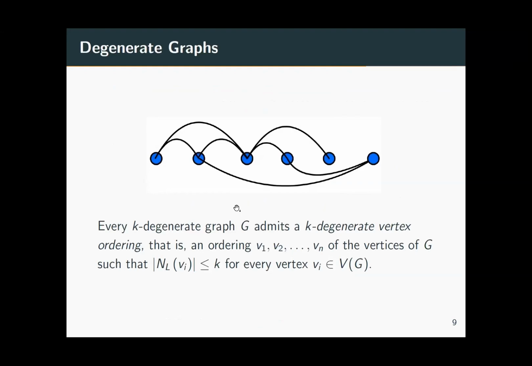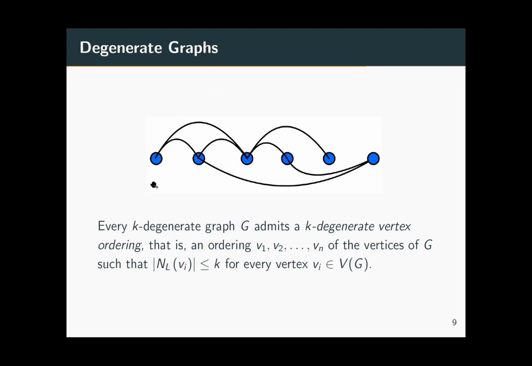Every k degenerate graph admits a k degenerate vertex ordering, which is an ordering v1 to vn of the vertices of G such that the number of neighbors on its left is at most k for every vertex in this graph.